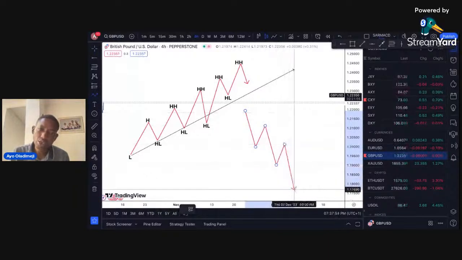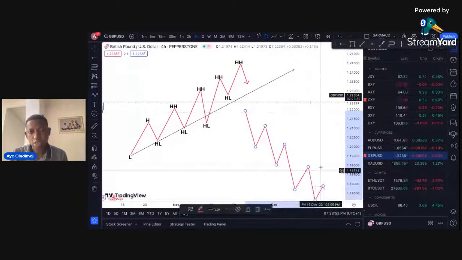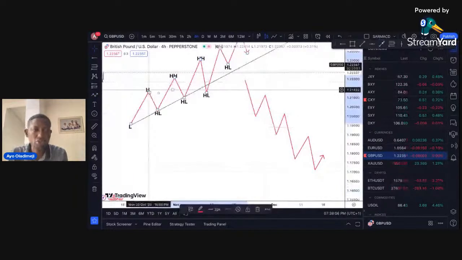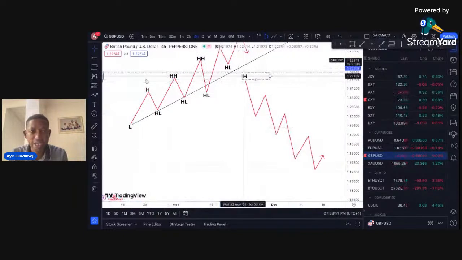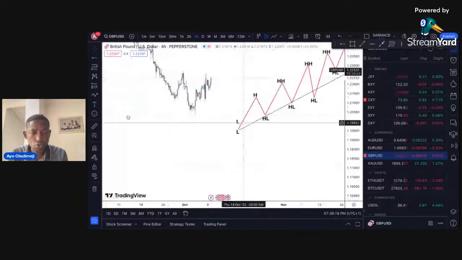So it moves from high to low, something like what I'm showing you right now. Okay, so something like this. So for a downtrend, the origin of a downtrend starts with a high and then to a low.